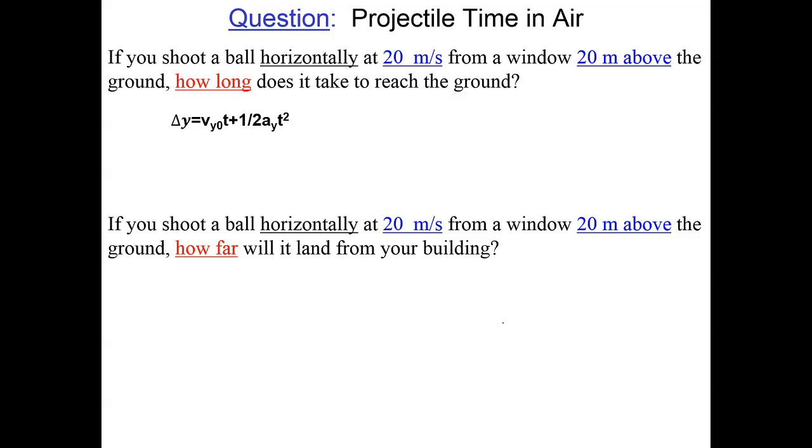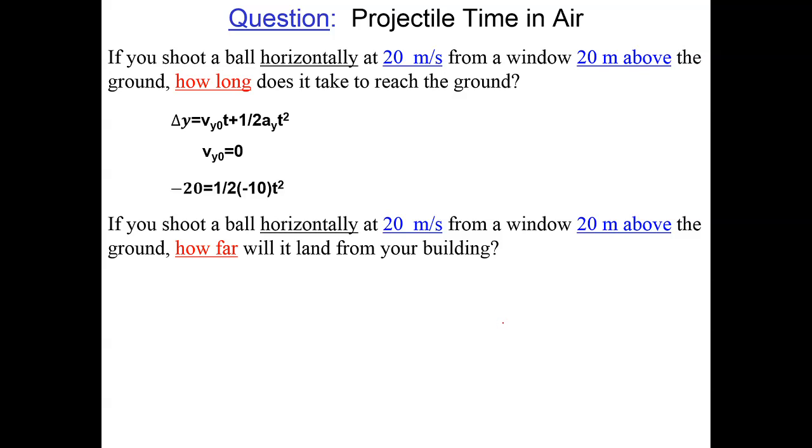So we write down our kinematic equation for the y direction. So delta y is equal to v naught y times time plus 1/2 acceleration in the y direction times time squared. Notice I'm only looking at the y direction here, so the initial velocity in the y direction is 0. So we can just plug this in.